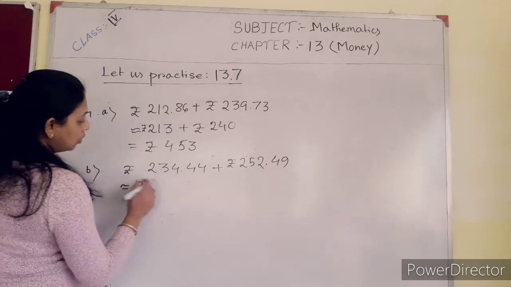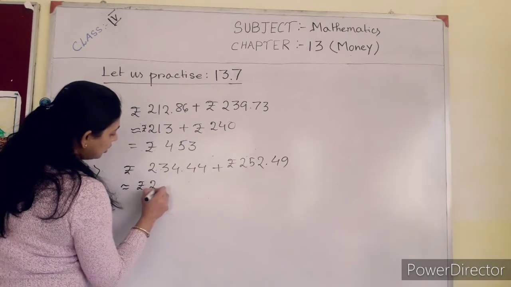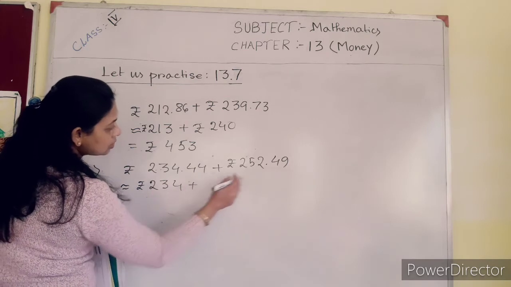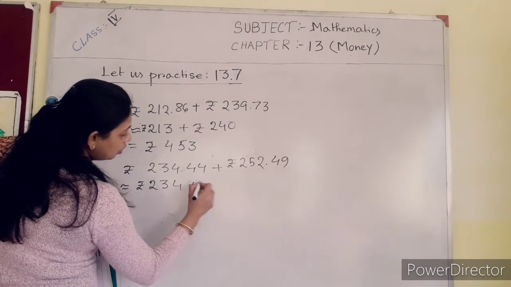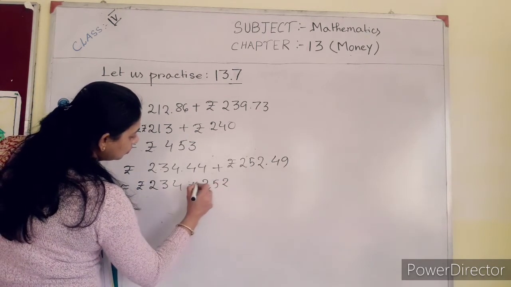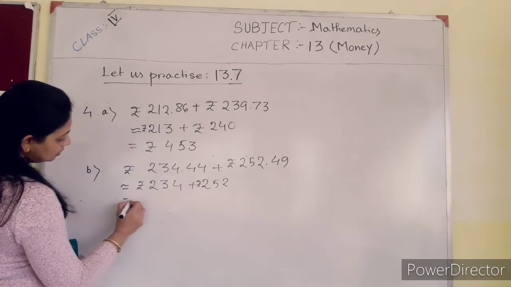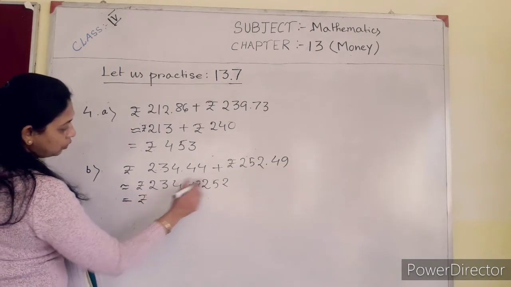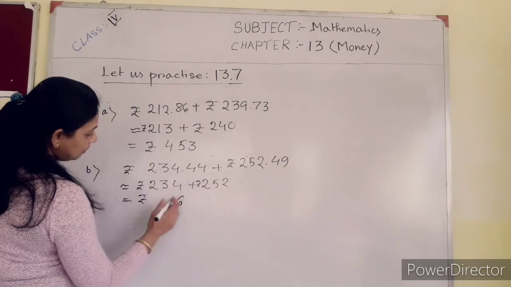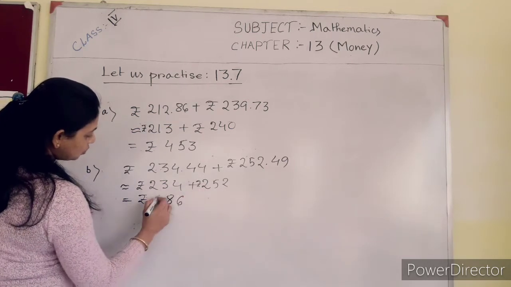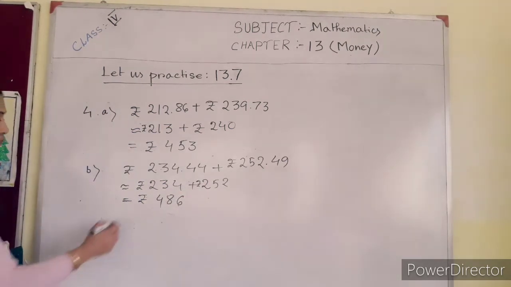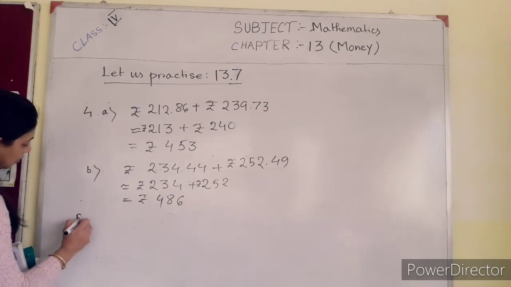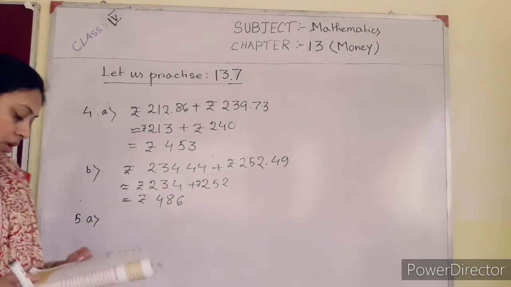So your answer is rupees 234. Plus 49 is less than 50, so 252. Equal rupees: 4 plus 2, 6. 5 plus 3, 8. 2 plus 2, 4. 486 rupees. Now 5A.